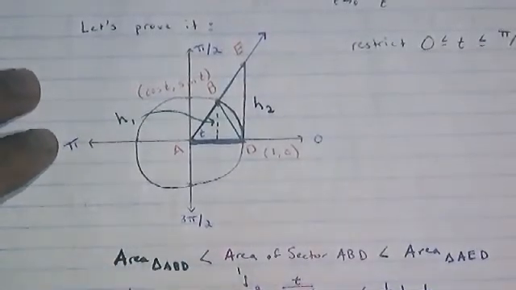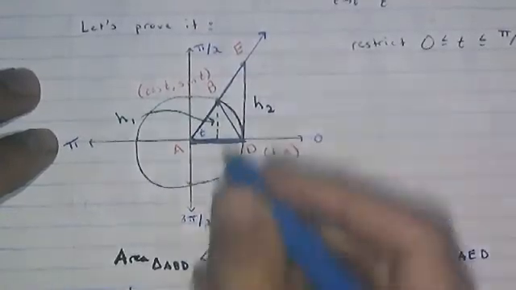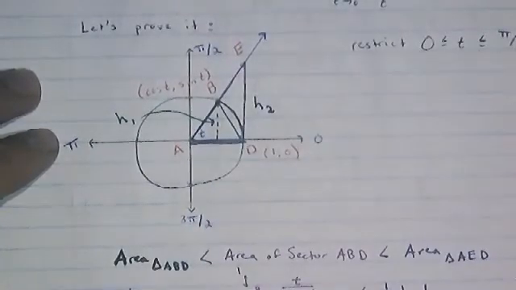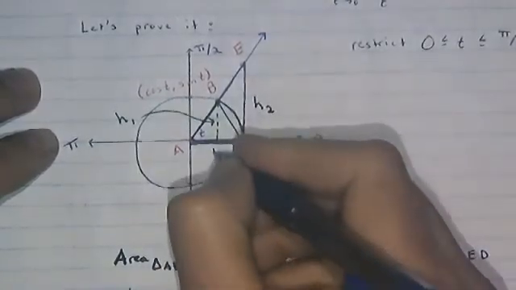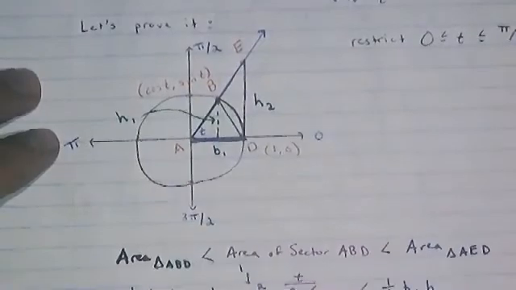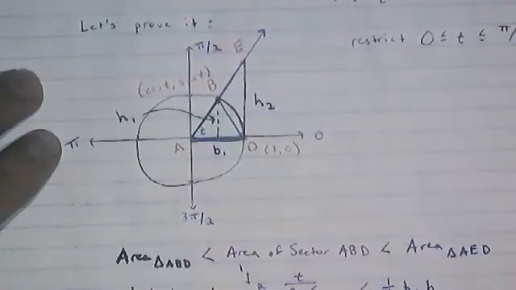The left side then will be 1/2. And I guess we should call those base 1 and base 2, but oh wait, they have the same base. We'll call this 1/2 base 1 times height 1. The right side is 1/2, still base 1.